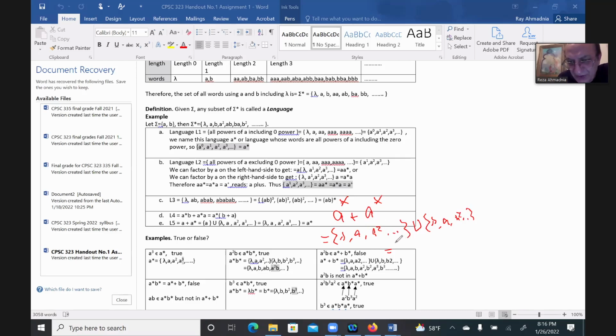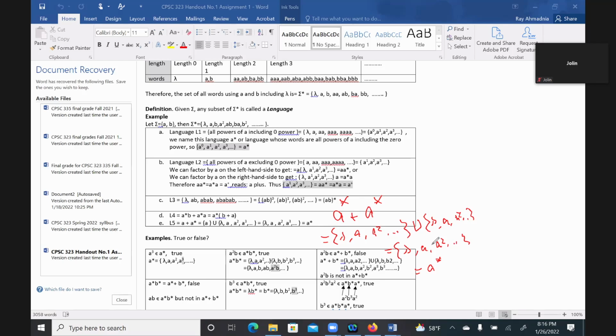Everything here is here. Therefore, their union is lambda, A squared, and so on, which is A star. So this set of words is not adding more words to this one here. Therefore, their union is the same. Okay, thank you. Got it?